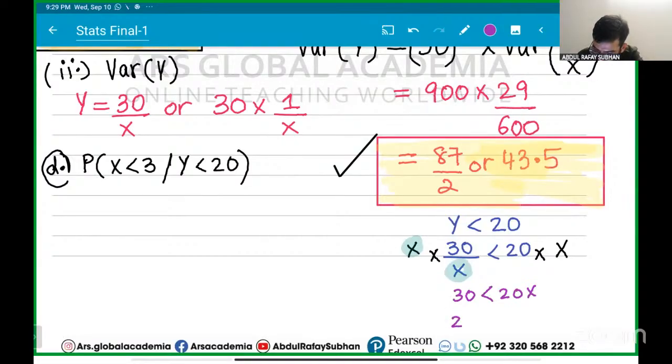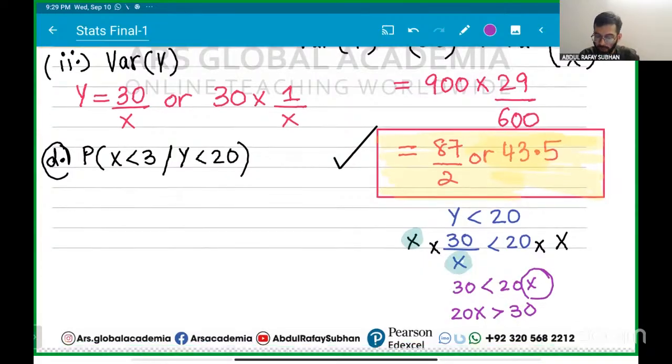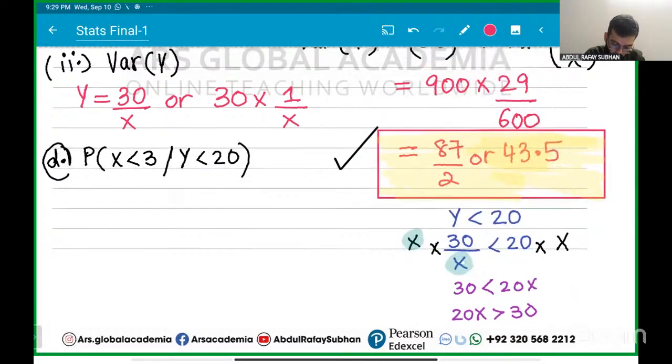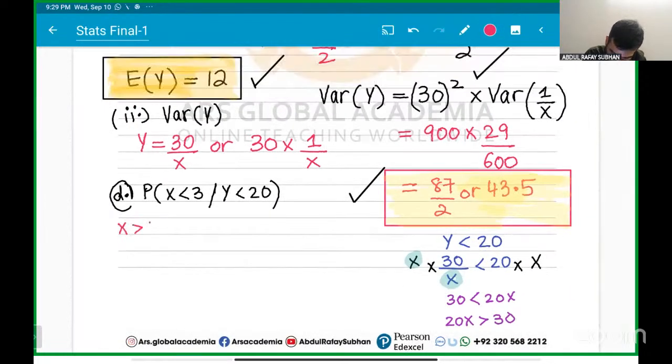Variables should always be on the left hand side, so 20x is greater than 30, and x is greater than 30 divided by 20. So x is greater than 1.5. Is everyone getting that?